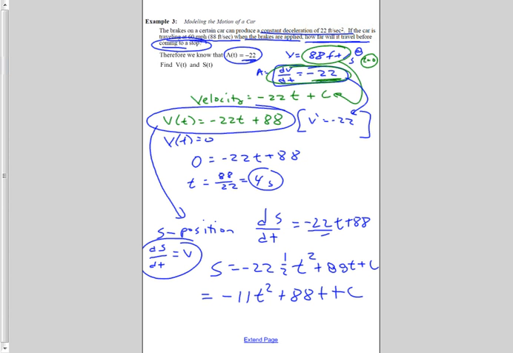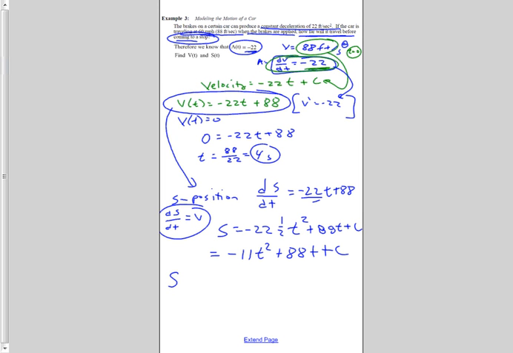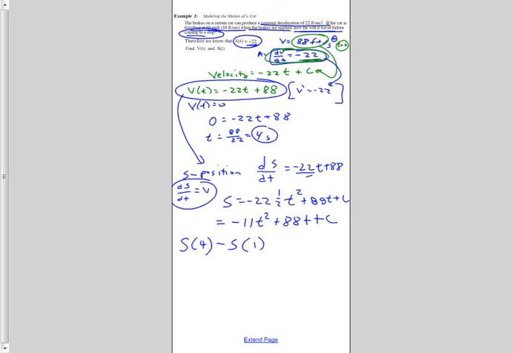And I want to know how far it travels before coming to a stop. So I want to look at my position at time equals 4 minus my position at time equals, sorry, 0.